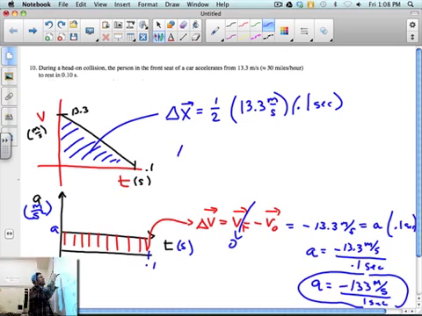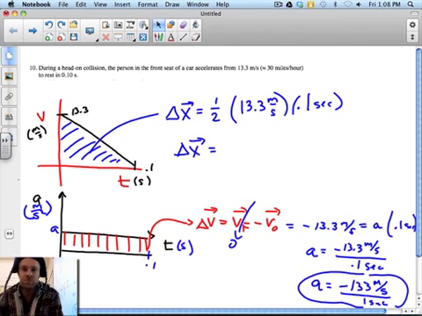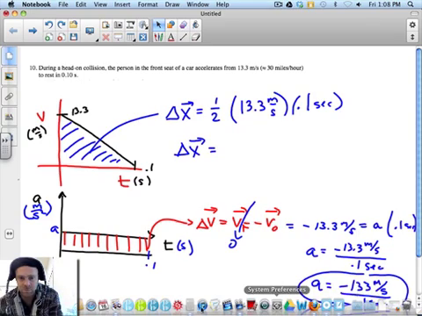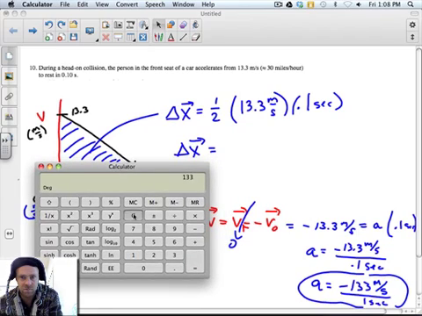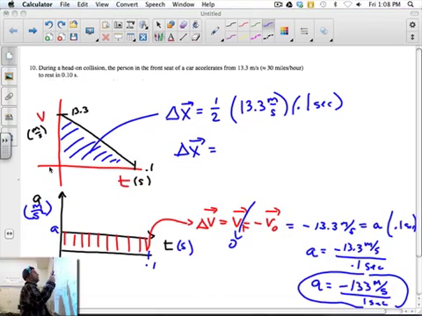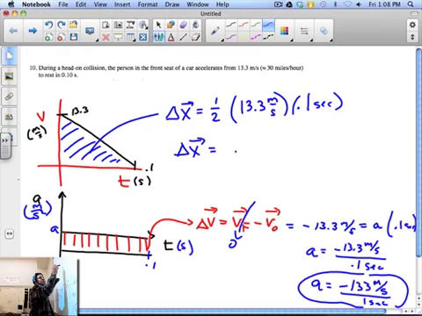Okay, let's see what we get there. So 13.3 times 0.1, and it's going to be 1.33, I think. Yeah. Okay. So that's going to be our change in position, 1.33 meters.